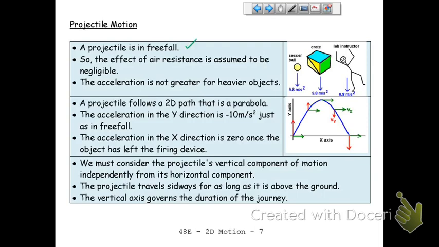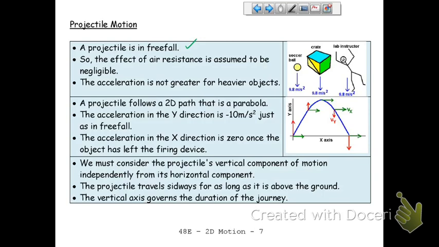So if I kick a football, it's a projectile. I'm assuming air resistance can be ignored. If I can't ignore air resistance, I shouldn't call it a projectile. A rocket is not a projectile because it has a motor on the back which is accelerating it, it's applying a force to it. But a bullet would be a projectile once it leaves the gun.